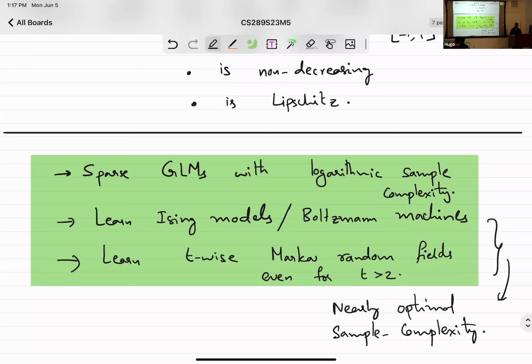Or like to use this in the Ising model, would you just clip all the weights that are less than some bound? Yeah, so essentially you can clip them because things which are less than that, I mean, there's a statistical reason too. But to simplify things, we started with the assumption that you have this lower bound on the weights. And part of the reason is that if it's much smaller, then it's not going to affect your error anyway.